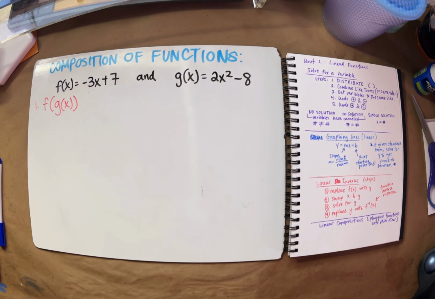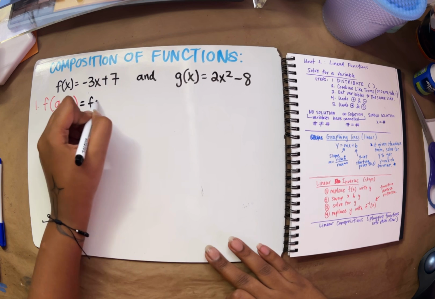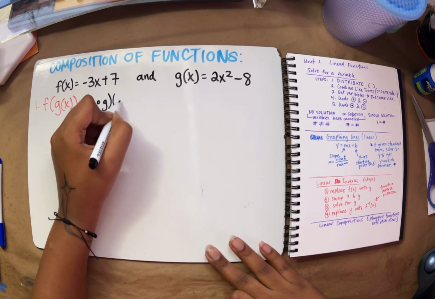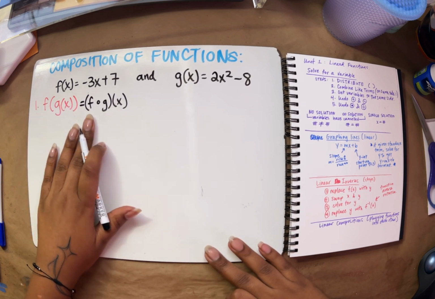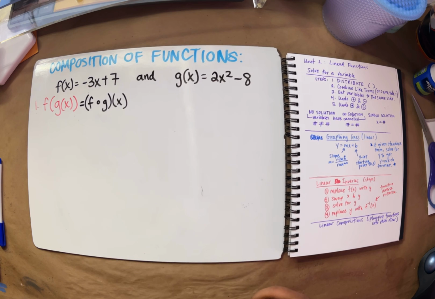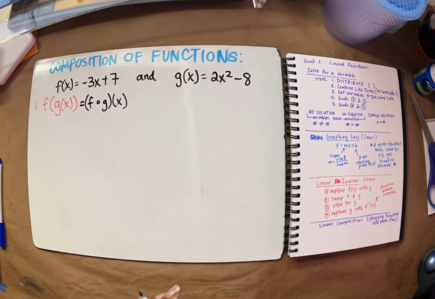That's how we read that. How we also can read this is f o g in parentheses of x. This is saying exactly the same thing. F of g of x. And to do this now, let's go ahead and figure out what we're plugging into one another.